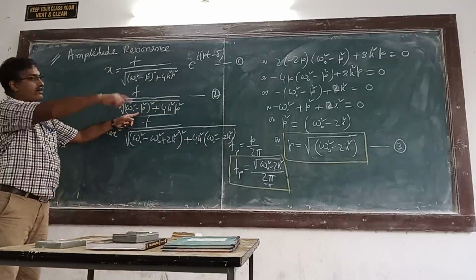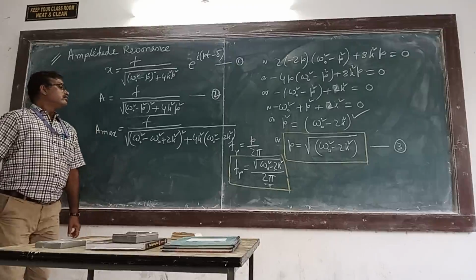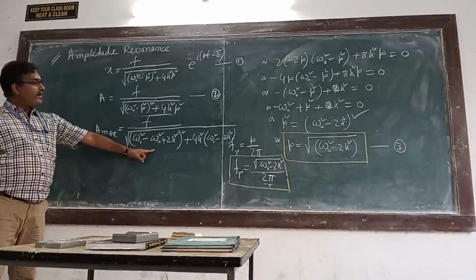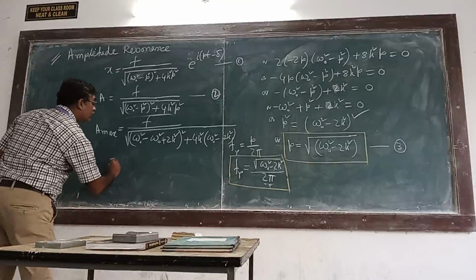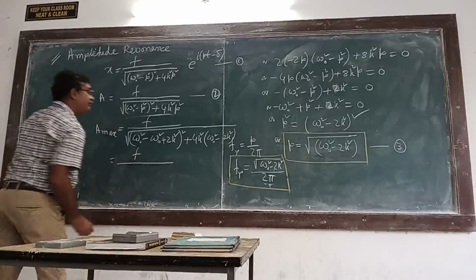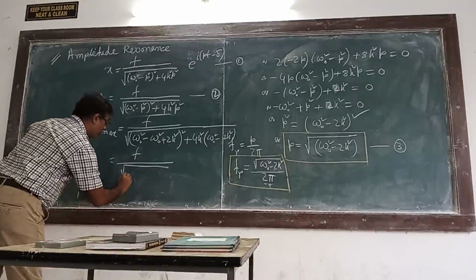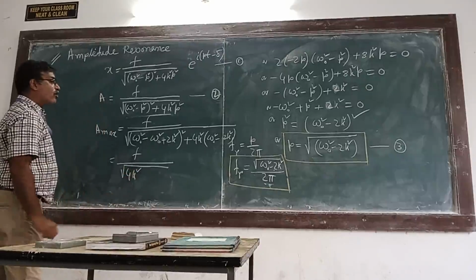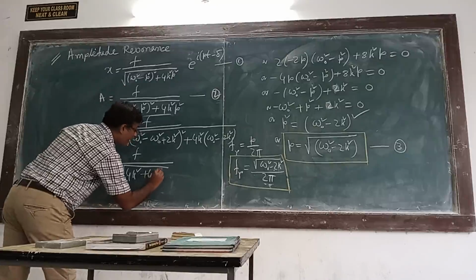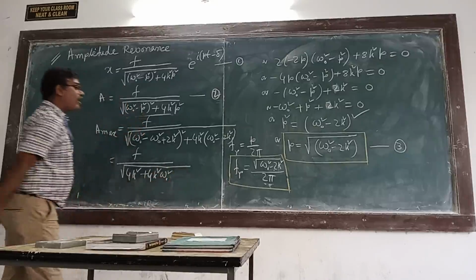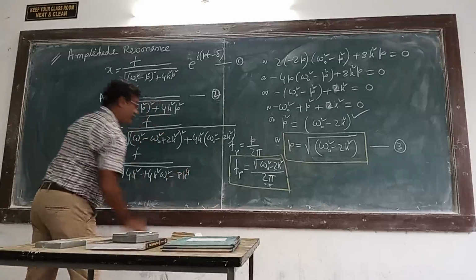We put the value of P square from here: omega 0 square minus 2k square, so we get omega 0 square minus omega 0 square plus 2k square, whole square, plus 4k square into omega 0 square minus 2k square. So this is equals F by root over 4k to the power 4 plus 4k square omega naught square minus 8k to the power 4.